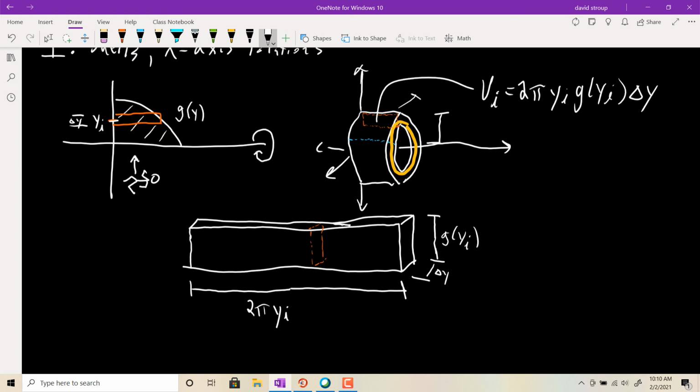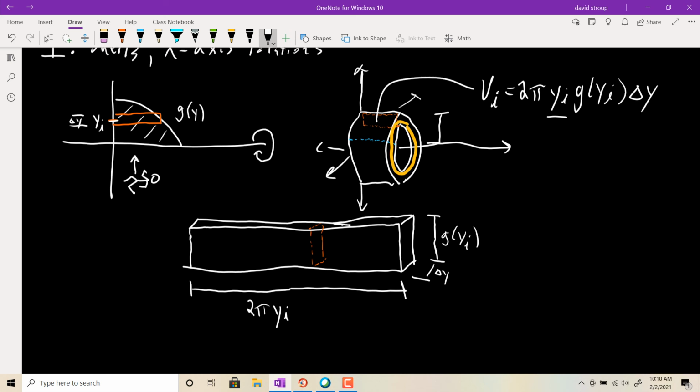Okay. When we start looking at more general versions, like rotating about non-axes, the y sub i will change. This radius part can be variable. So instead of just always putting y sub i, it's going to be some function of y sub i.